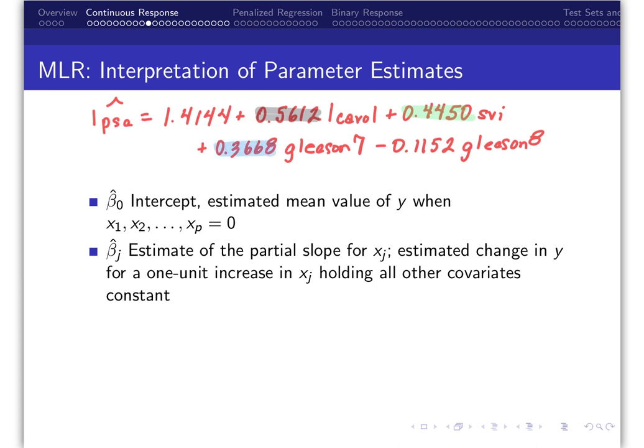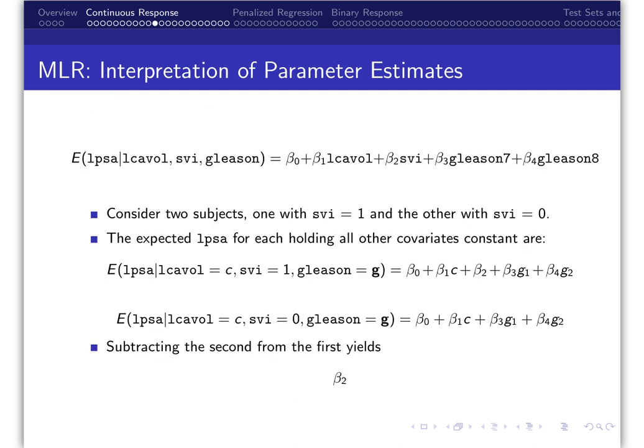For Gleason grade, those with Gleason grade of 7 are estimated to have a log prostate-specific antigen 0.3668 units higher than those with a Gleason grade of 6, controlling for log cancer volume and SVI, and those with a Gleason grade of 8 are estimated to have a log prostate-specific antigen 0.1152 units lower than those with a Gleason grade of 6, controlling for log cancer volume and seminal vesicle invasion.